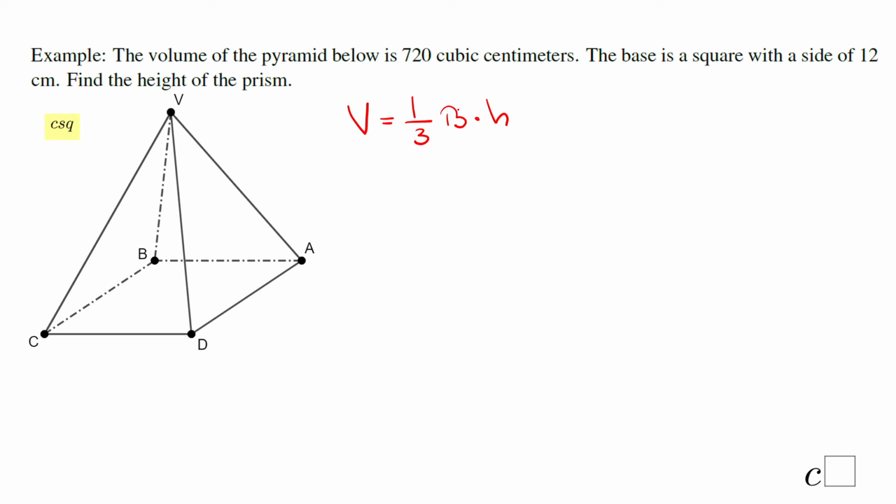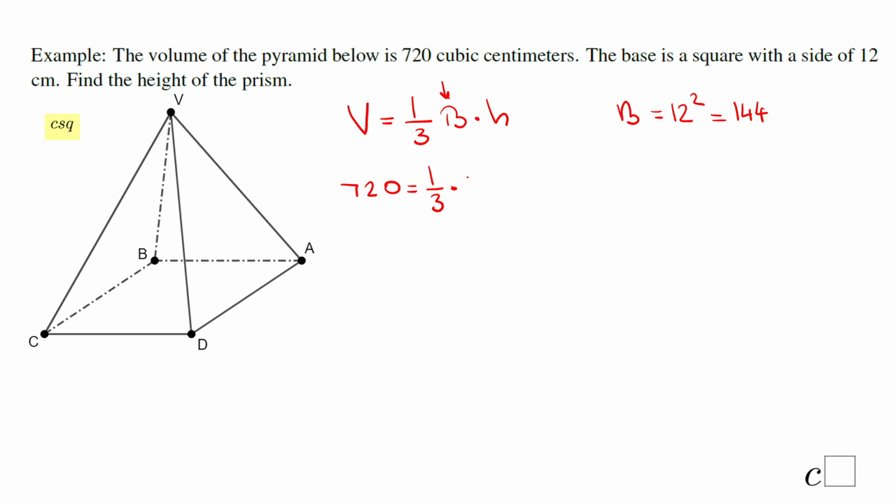And now we know the volume, like in the previous problem, 720 equals 1 over 3. And we can find this B, the area of the base. Why? Because the base is a square and the side is 12. So we have 12 times 12 or 12 squared, and that will be 144.